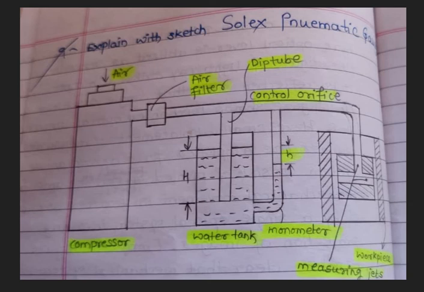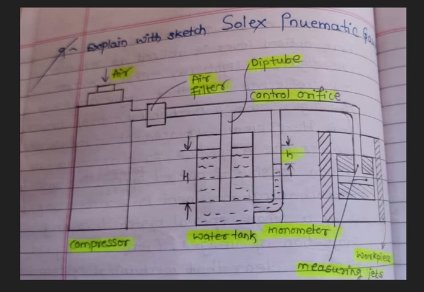Thus, taper of the hole can be determined. The comparator is useful in measurement of roundness and taperness of cylinder holes and gun barrels. This is how the Solex pneumatic gauge is working. Thus, we have a very easy principle of measuring things.